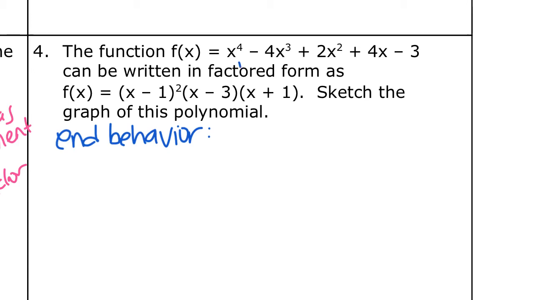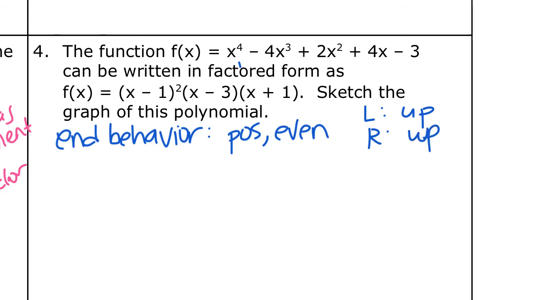The other thing is what's in front of that. There's really nothing there, but we understand it to be an invisible 1, and that's positive. So this function is positive and even, which means that both sides are going to point up. So left is going to point up and right is going to point up. That'll help us later on when we're sketching.